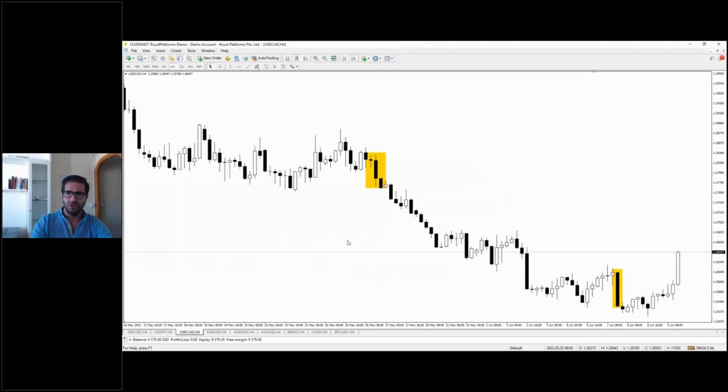Let me give you a small example. If we go here, the market is in a clear downward movement. It's easy to know now, since you know the traits of a downtrend. We have big bearish bodied bars. This is one here, a huge one.